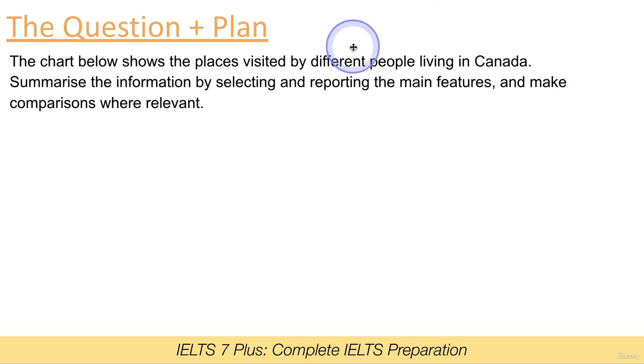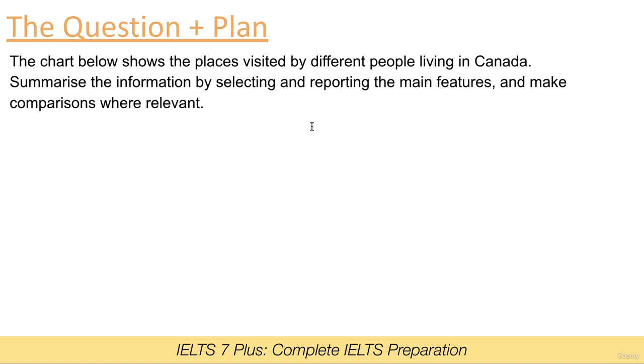Right, so we're being told how to answer this question. They want us to select and report the main features, not every single feature. We just have to pick the main ones that are particularly striking or interesting or different, and make comparisons where relevant. So this is important because we don't want to make comparisons with every single part of the data.